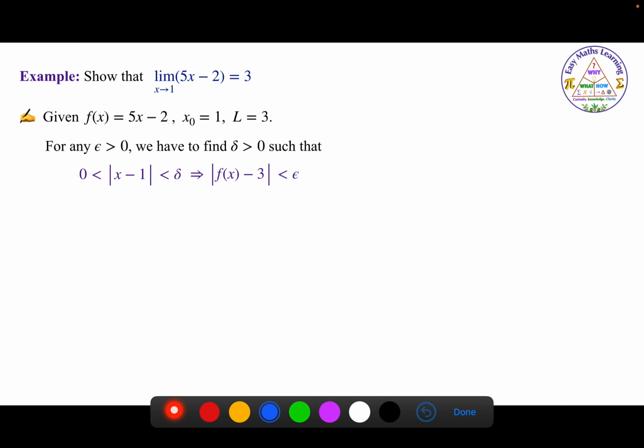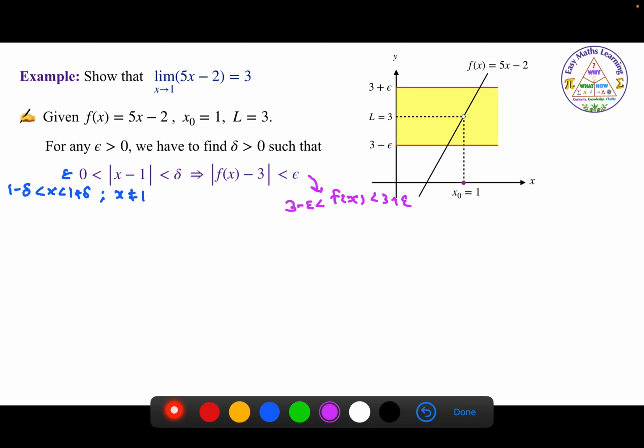This delta inequality implies that x lies between 1 minus delta and 1 plus delta, and x is not equal to 1. This epsilon inequality implies that function values are between 3 minus epsilon and 3 plus epsilon. See the graph also.